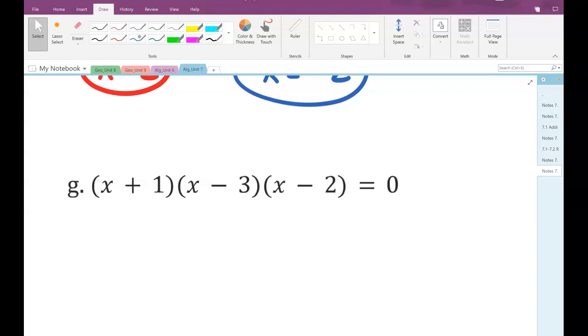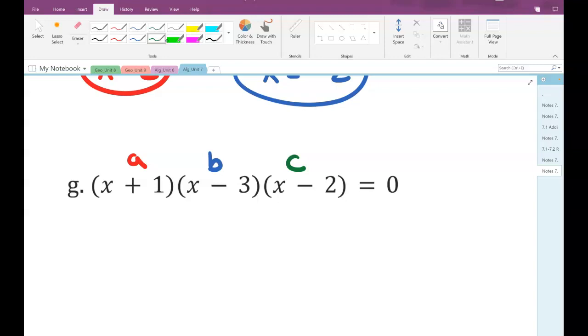Because even if one of these is 0, think of it, this would be our A, this is our B, and if we introduce a C, if just one of them is equal to 0 and we're multiplying by the other 2, 0 is kind of like your trump card. If you're multiplying by 0, your 0 is going to take over. So I'll say this parenthesis is 0, we multiply it by this parenthesis, it's 0. Then we multiply by this parenthesis, the whole left side is 0.